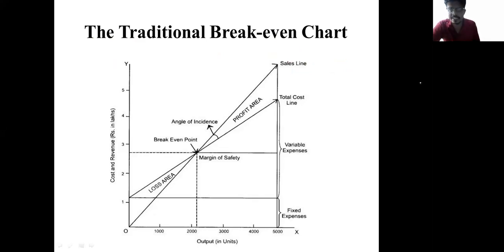You know the condition. In case of the traditional break-even chart, we need to draft the total revenue, or otherwise sales line, and the total cost line.